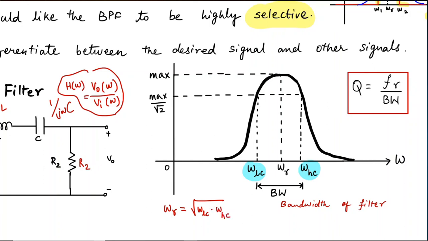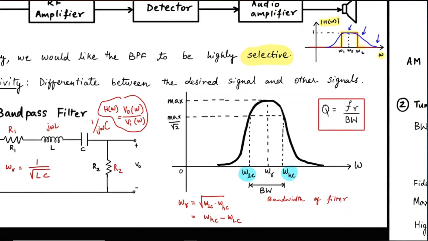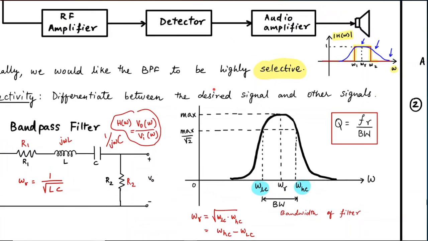And clearly the bandwidth is omega_HC minus omega_LC. That would be the bandwidth of the filter, which has to match the bandwidth of the desired signal, so that it is only able to pick those frequencies up and reject everything else.